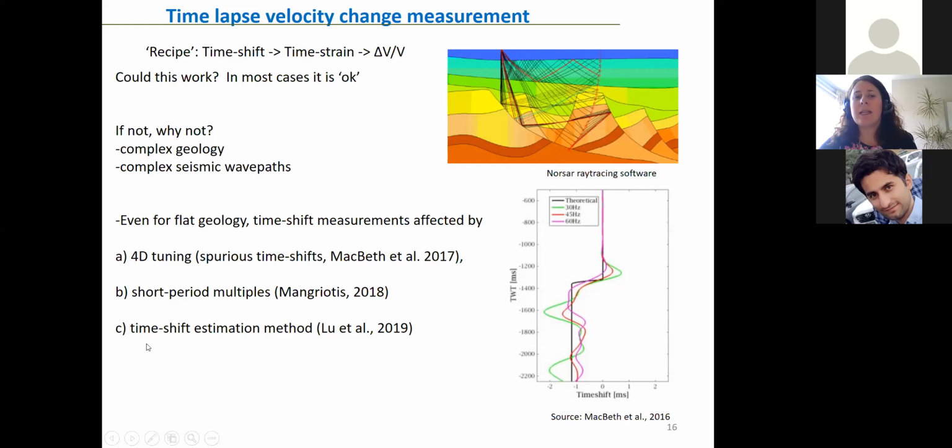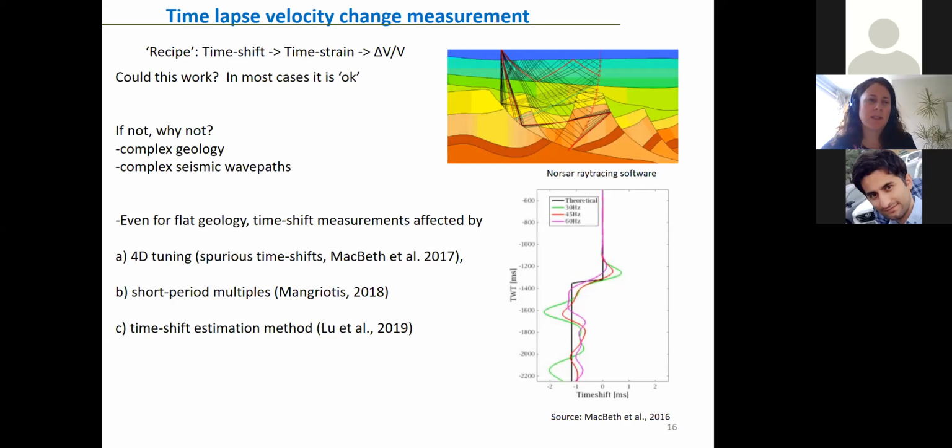And finally, time shift estimation as a method, comparing the arrivals between baseline and monitor, is a very hot topic in geophysics and not at all a one-way solution.